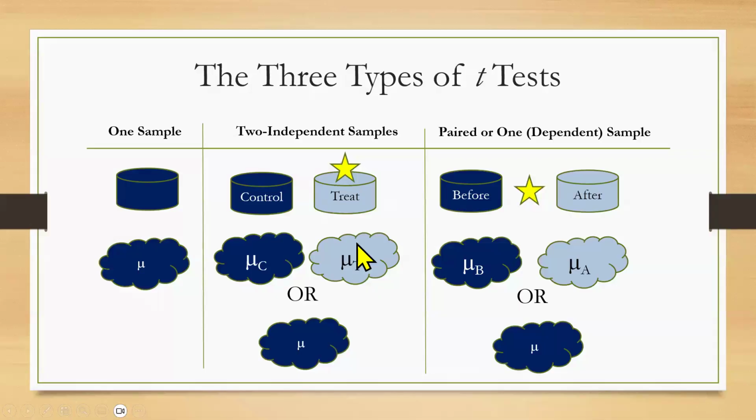All right, in our paired or one dependent sample experiments, it's very similar to the two independent samples in the idea of what we're doing, except instead of having completely separate individuals in the control and the treatment, we have one set of individuals, right?